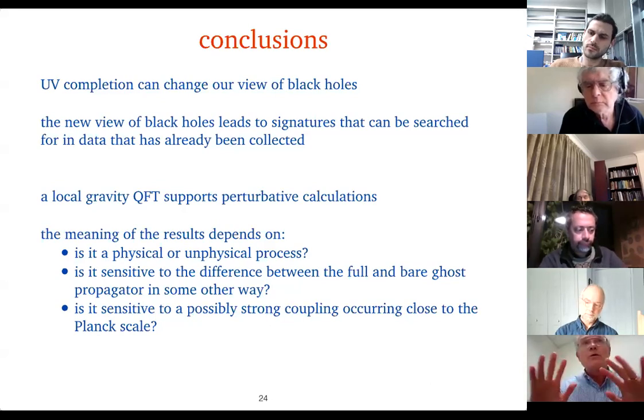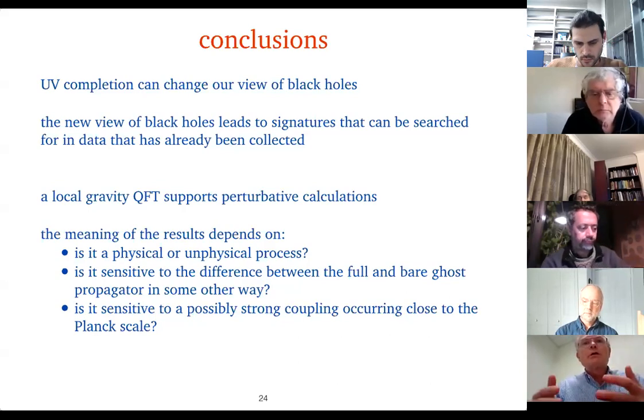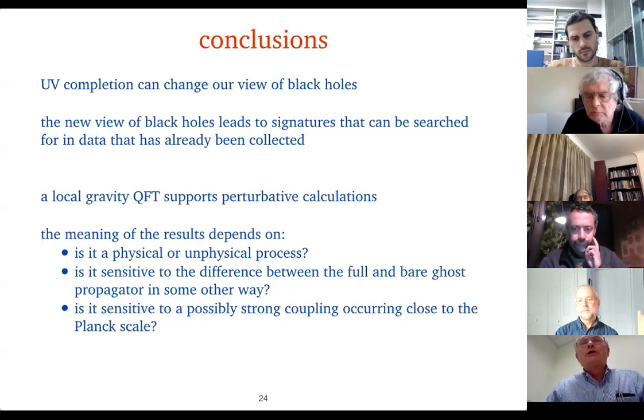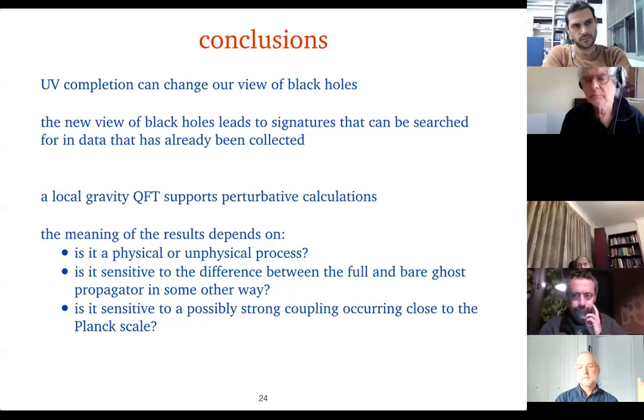So I don't disagree with trying to answer those questions, but it seems to me like you're using exactly the wrong theory to analyze those questions, because the classical R plus C squared plus R squared theory can't possibly represent the classical limit of the theory that you claim to be using. Well, hopefully the quantum field theory is the correct theory.